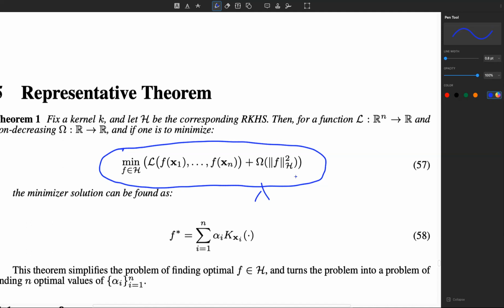By the way, all your xi's are the data. So this is essentially your subspace, the subspace formed by a linear combination of these.